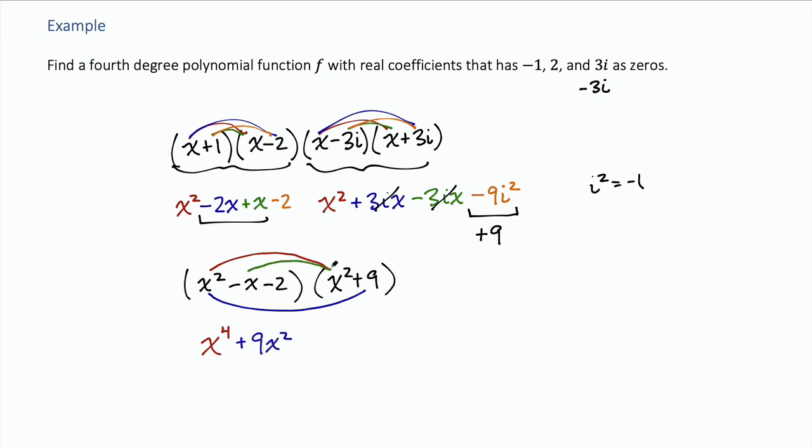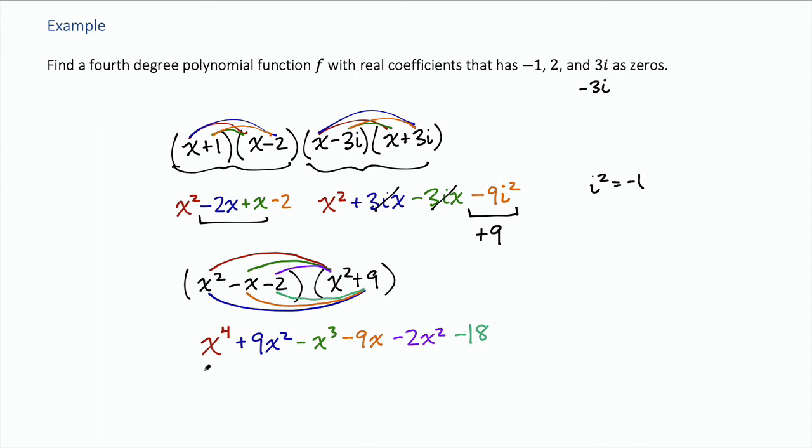Negative x times x squared is -x cubed. And negative x times 9 is -9x. And then -2 times x squared is -2x squared. And -2 times 9 is -18.